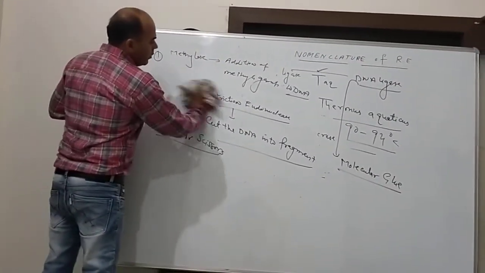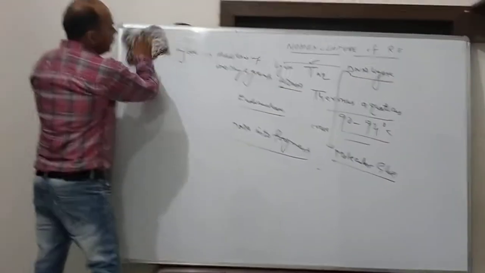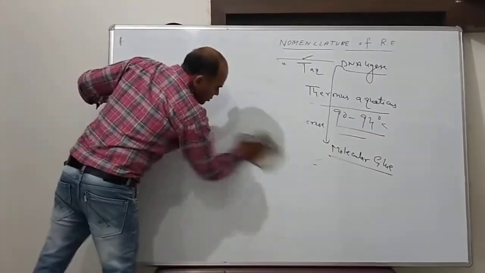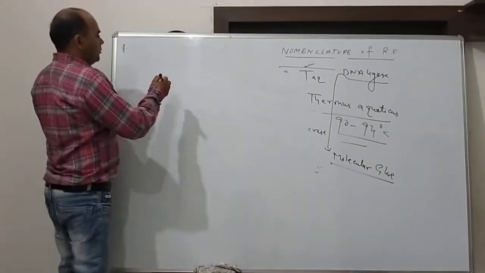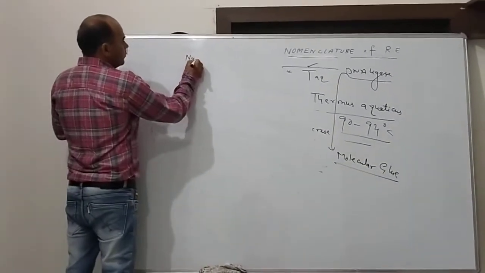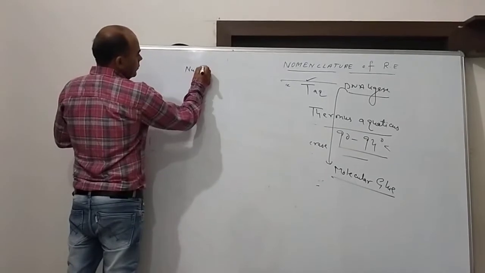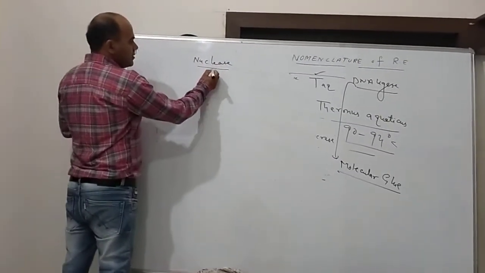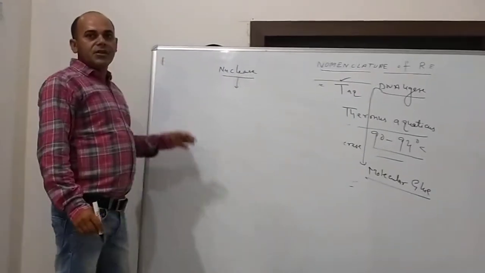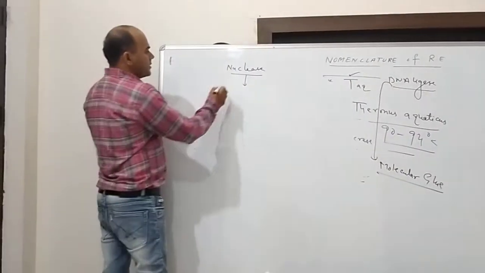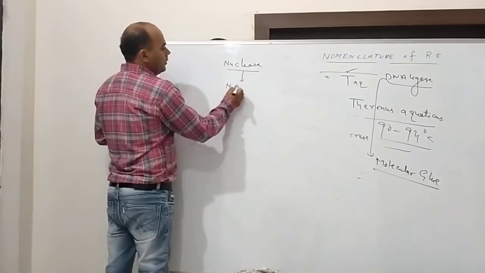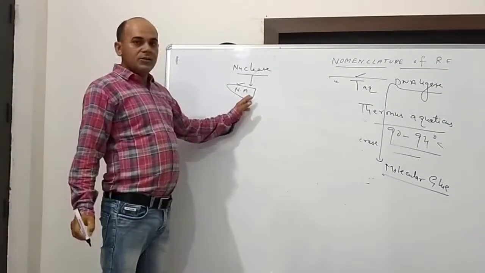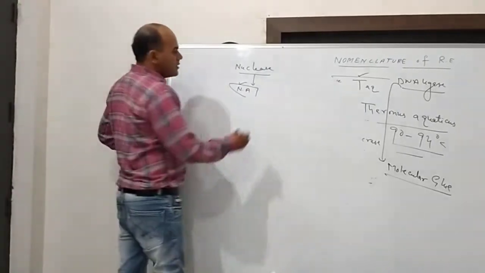These restriction endonuclease enzymes belong to a major category known as nuclease. As the name indicates, these are enzymes which work on nucleic acid, N standing for nucleic acid. Which one is called nucleic acid?